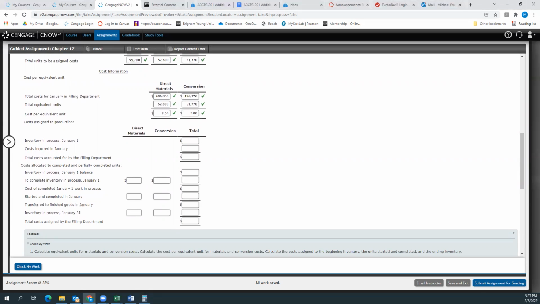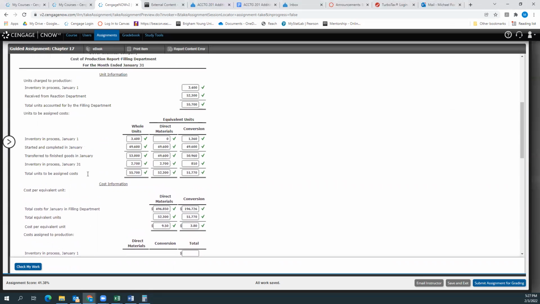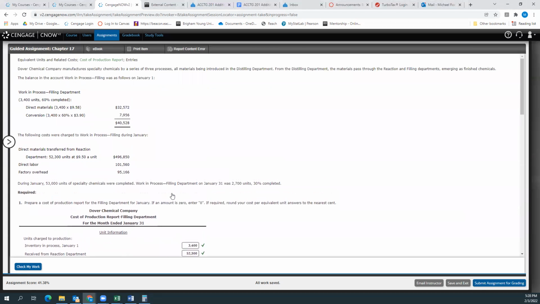So our inventory in process on January 1st. Let's see where we can find that. Right here, $40,528. That's the total of the direct materials and conversion costs of the work in process at the beginning of the month.